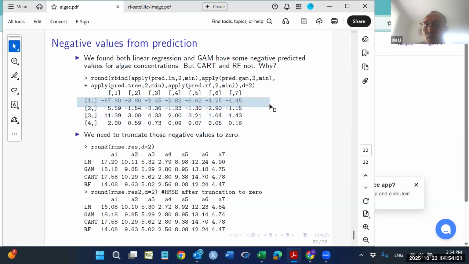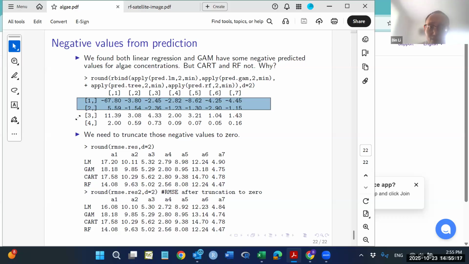Look, for the linear regression and the GAM model, we have some predicted numbers of algae which are negative. That is a big problem because we are predicting the algae counts. How can that go below 0? That's not possible, right?